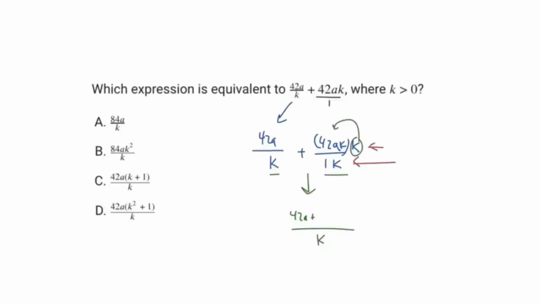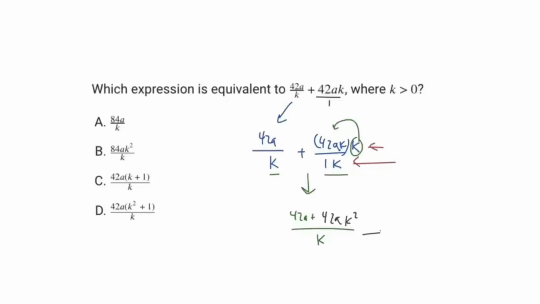This 42ak, look at it as one term, right? One singular term. So this k can't be applied to the 42, can't be applied to the a, but can be applied to the k value. So now we get 42ak, and the k times the k is just k squared.